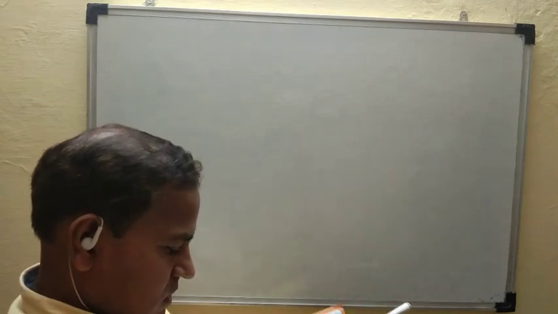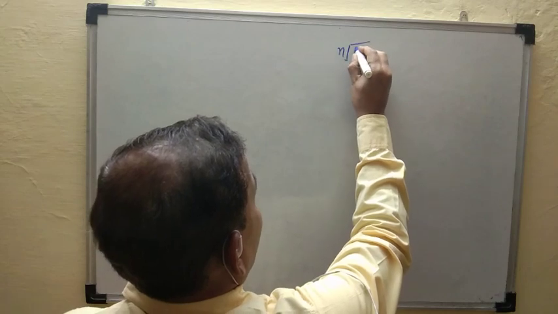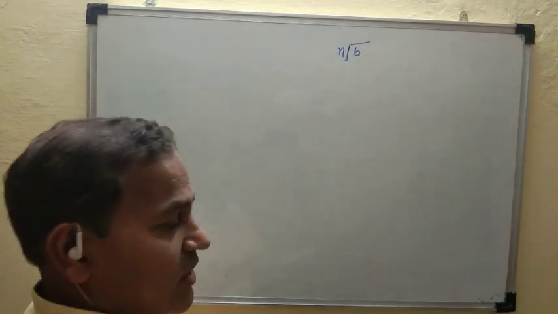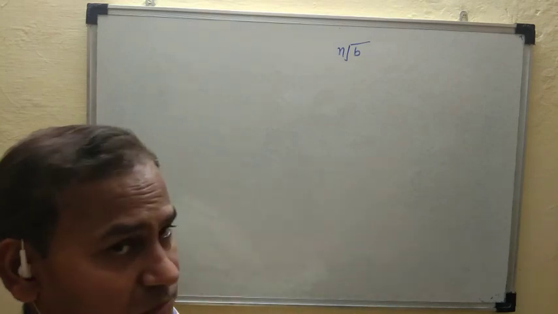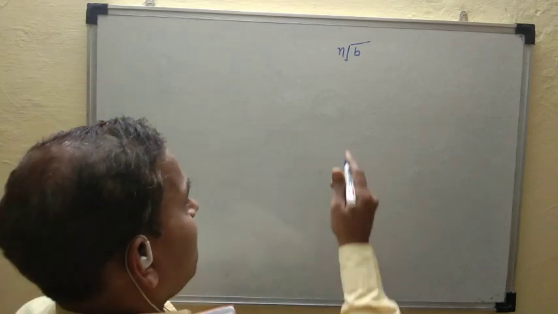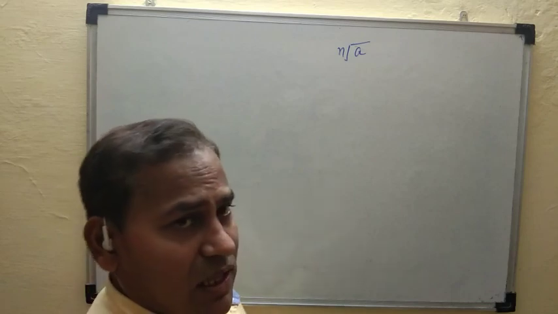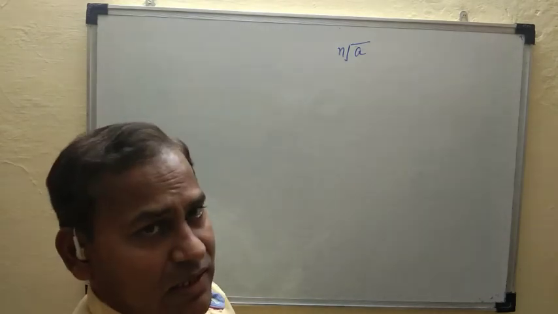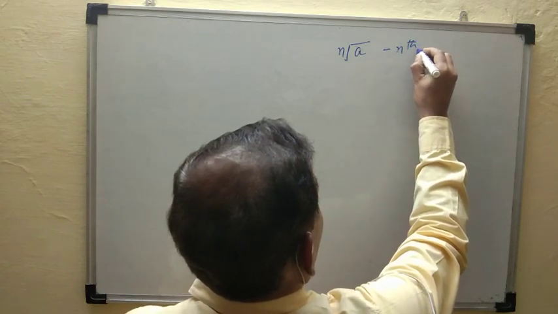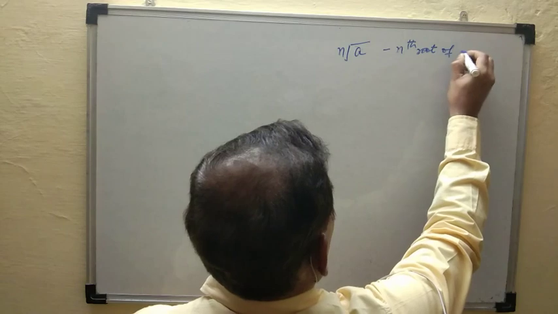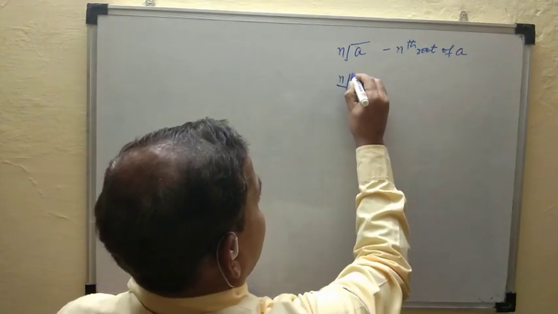Now this is read as nth root of b, where n is a positive real number. Or suppose this a, this is read as nth root of a. ये रूट के अंदर n लिख रहे हो.